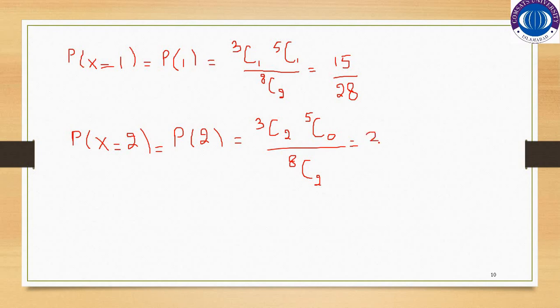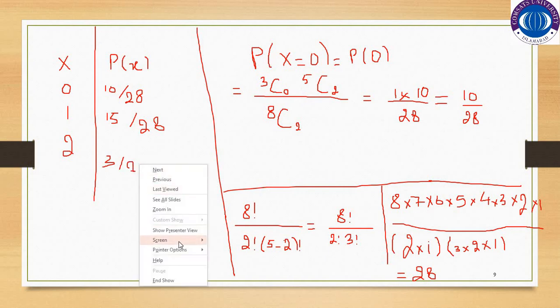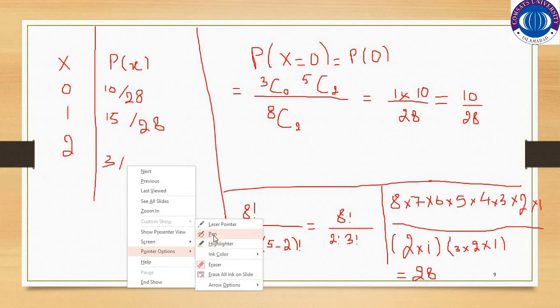You can solve it manually or you can use your calculator. 3 into 1 divided by 28, which is 3 by 28. So this is 10 by 28, this is 15 by 28, and this is 3 by 28.